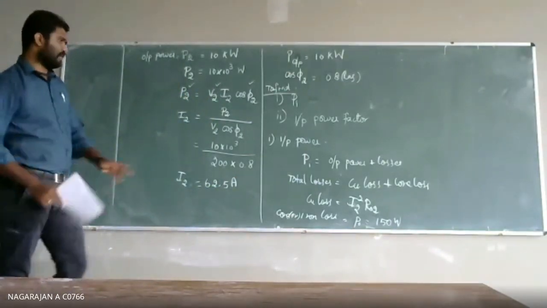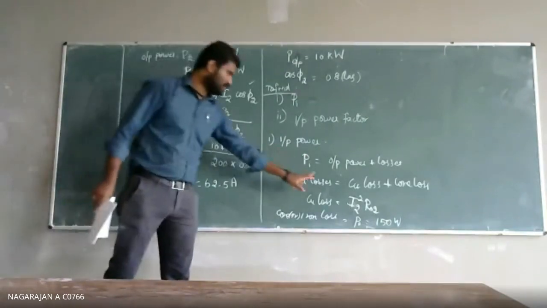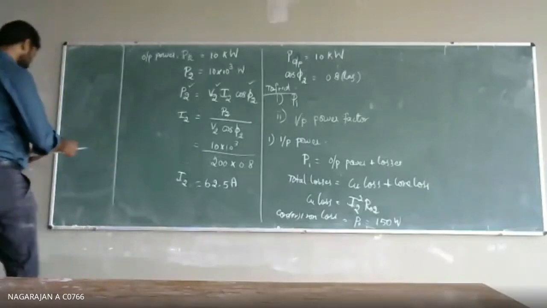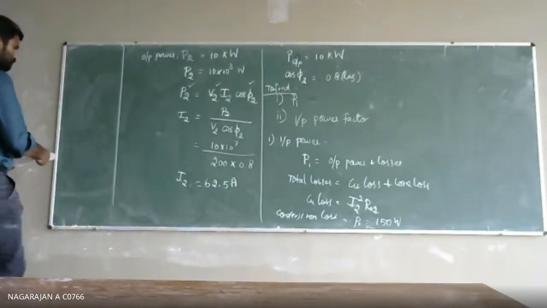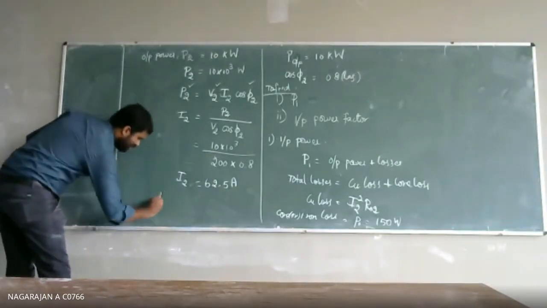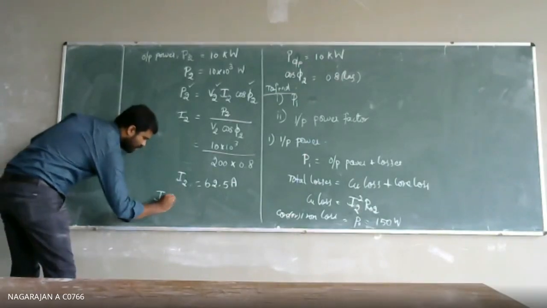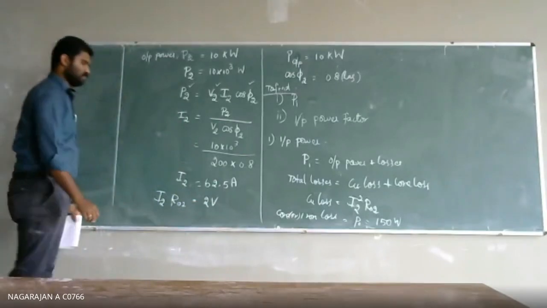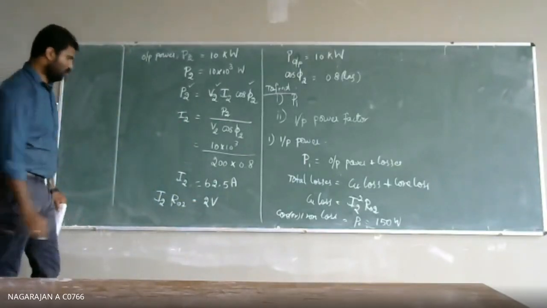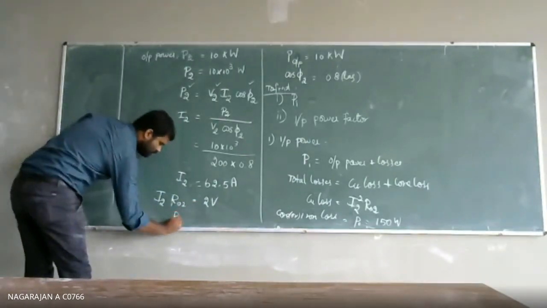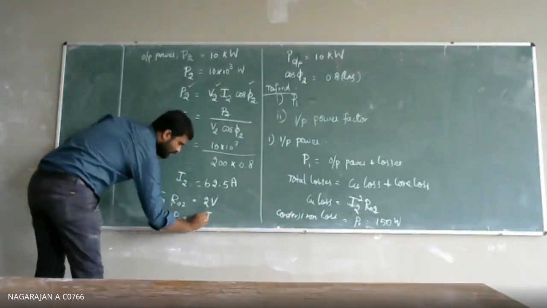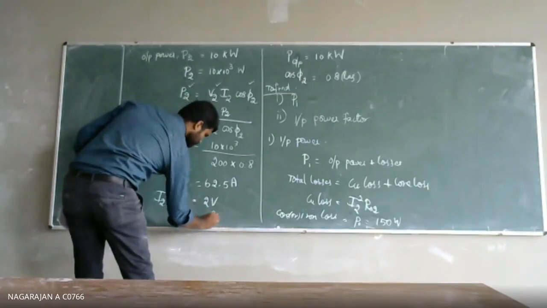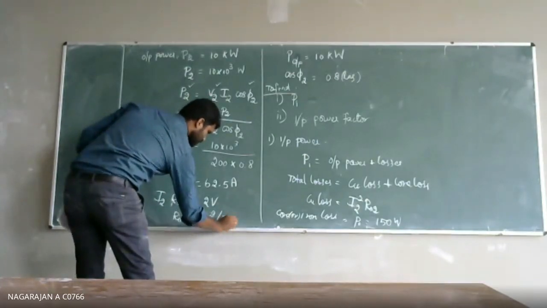Okay. So we have found I2 value, now substitute the value in this equation. Sorry. We have to find R02 first. From the given data, we had already found I2 R02 is equal to 2 volts. Isn't it? So R02 must be 2 divided by I2.